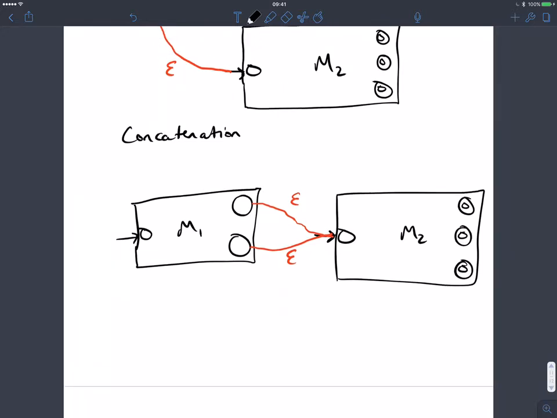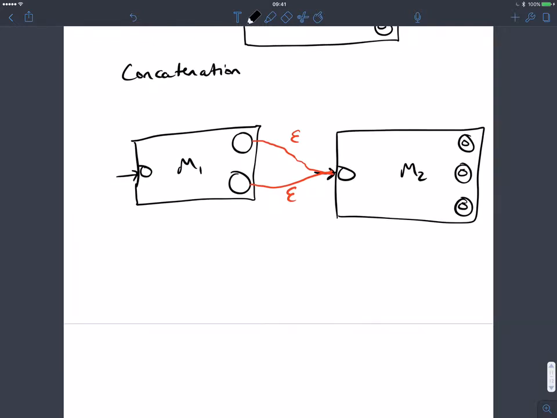But why does this work? Well, let's see. If I have a computation in M1 and a computation in M2, could I put those two computations together? Yeah. Would that get me the concatenation of the two parts, though? Yeah. So what would happen? I do the computation in M1. That gives me the string that I want in M1.